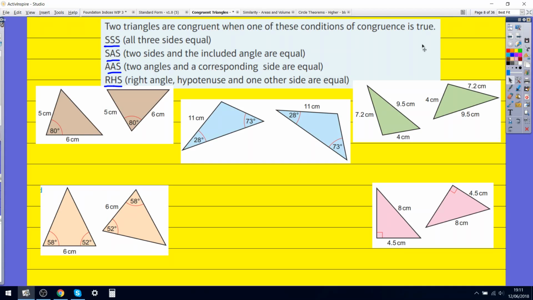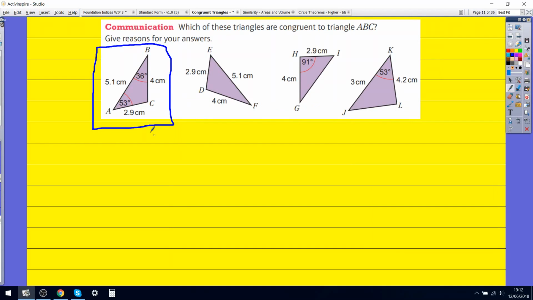Right side, D, E and F are congruent because it's got the SSS rule. Are any of the others? No, I think that's it.